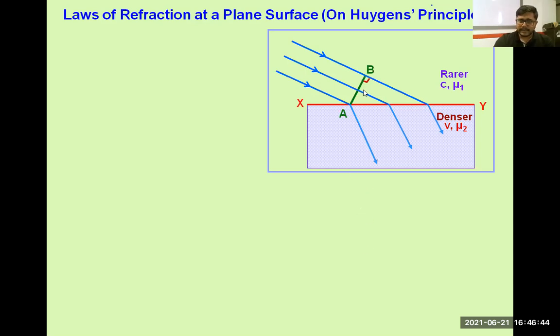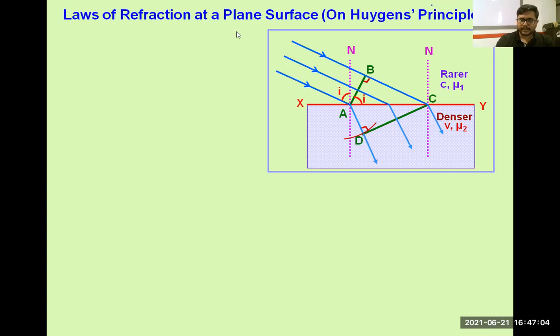Again we will make one perpendicular line and one arc, and then joining the last end point, making the normal, this angle is our angle of incidence.